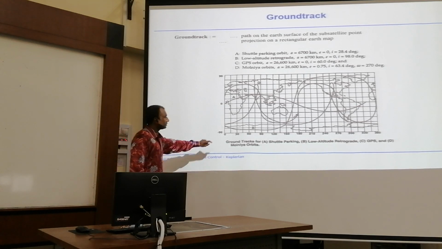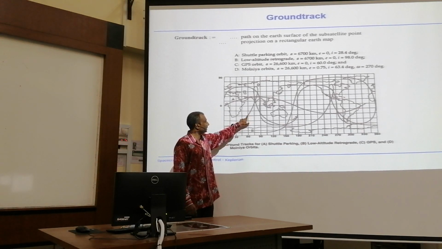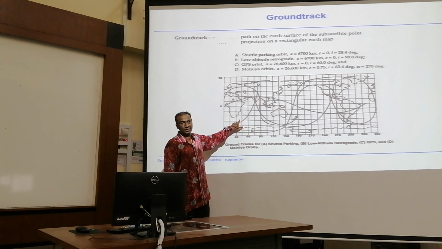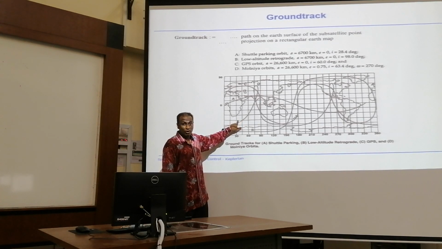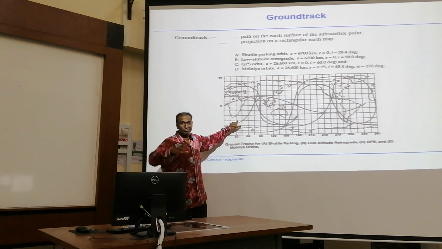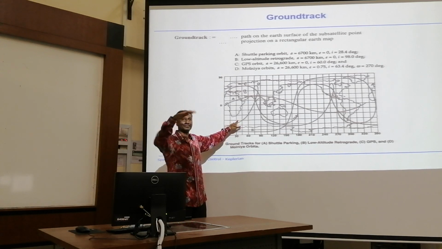Now, this ground track is always associated with the orbit control. Now, if orbit control is off, this can be disturbed. If attitude control is off, depending on the magnitude, there may be a total tumbling.